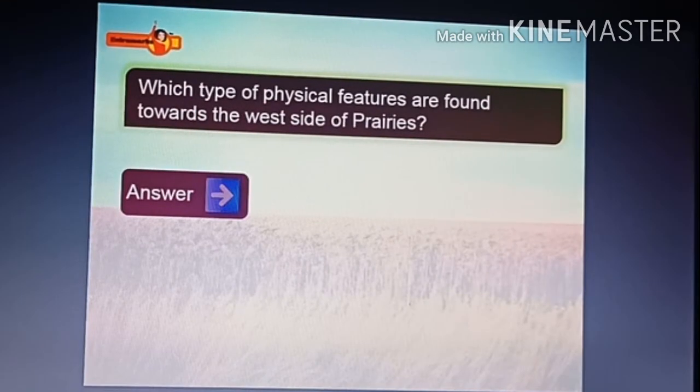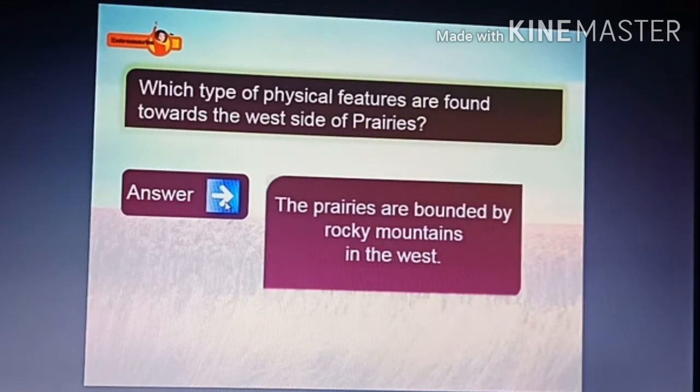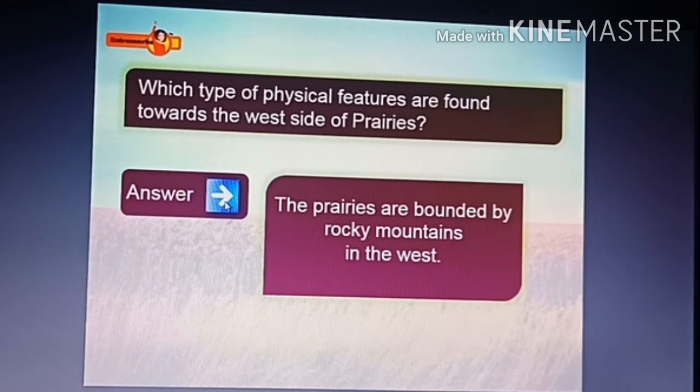Which type of physical features are found towards the west side of the prairies? The prairies are bounded by the Rocky Mountains in the west.